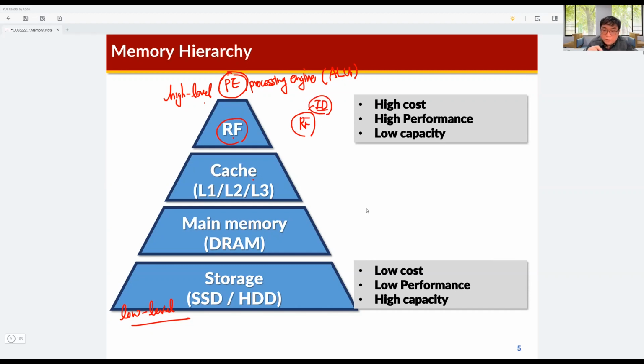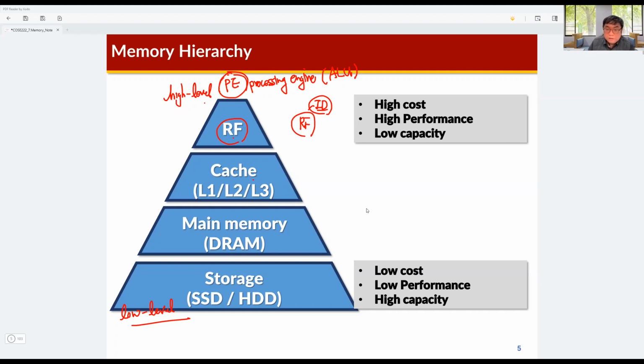In the ID stage, instructions access data within one clock cycle. The clock frequency of the commodity CPU is about 3 gigahertz, and recently it reached 5 gigahertz by Intel. So the clock frequency is very high.